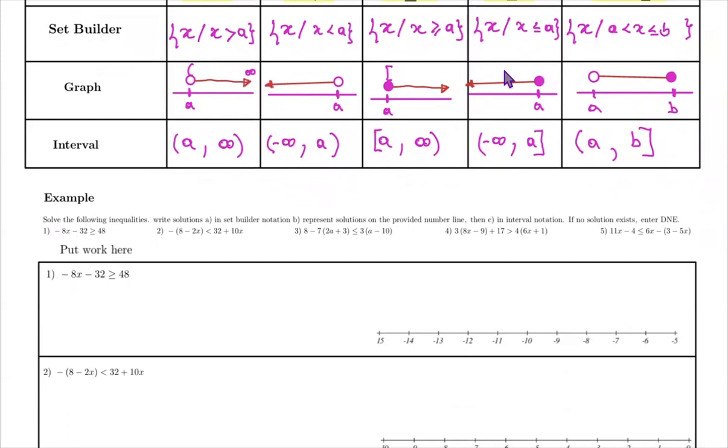Now to isolate x, we're going to start by adding 32 on both sides. That is negative 8x greater than or equal to 80. Divide both sides of this inequality by negative 8.